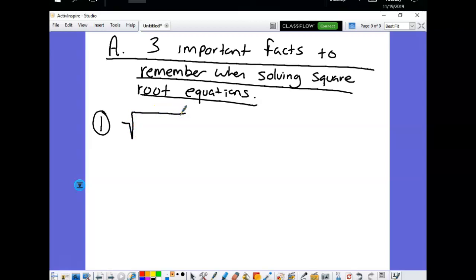When you have a square root, the thing underneath is called a radicand. A what? Radicand? D. It's a D. Now, the radicand, as you guys may know, when you're dealing with square roots, if you want a real answer, the radicand has to be a positive number. In other words, it has to be greater than or equal to 0.